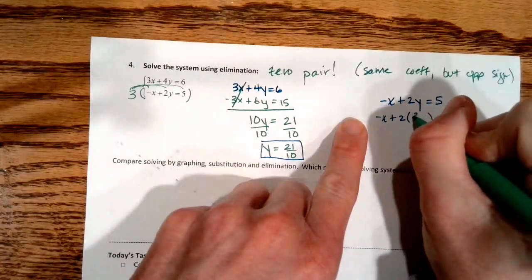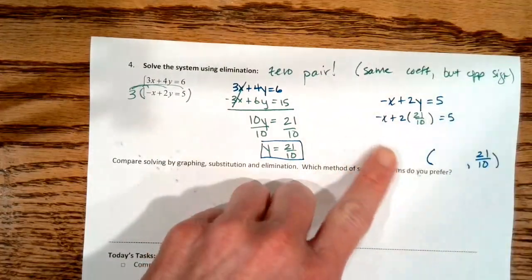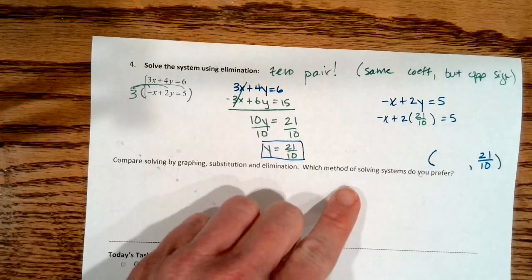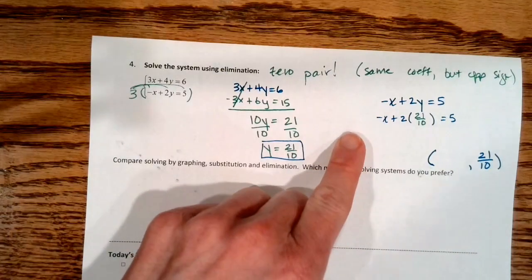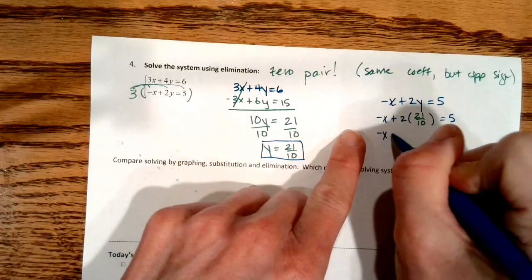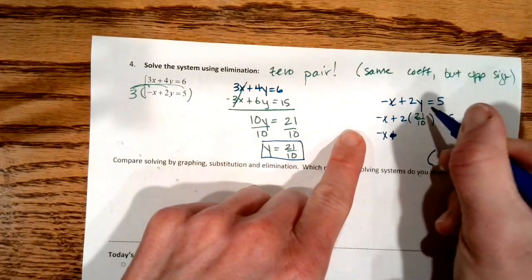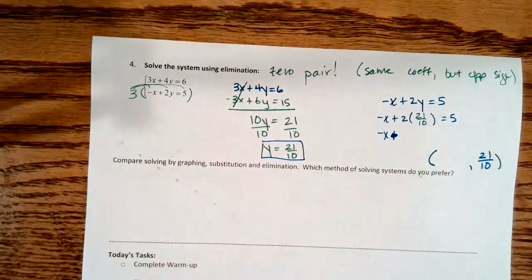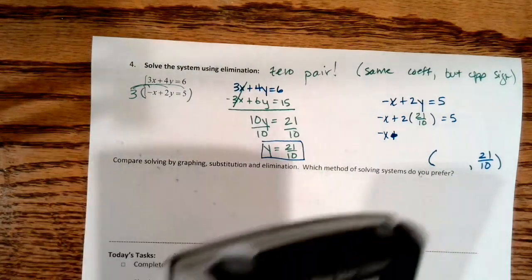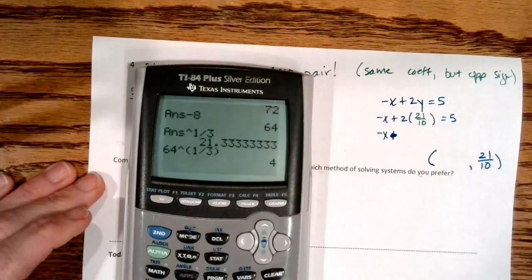I think putting 21 over 10 is the easiest here. All right, so my negative x is plus. When I simplify this, don't be afraid of the fractions. That's why you have a calculator to help you.